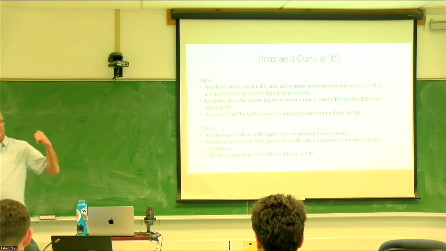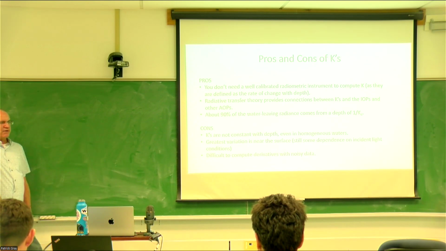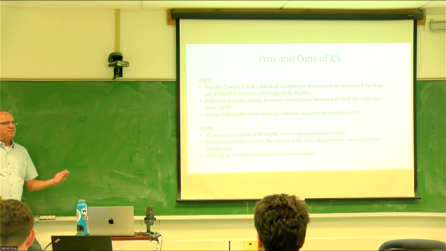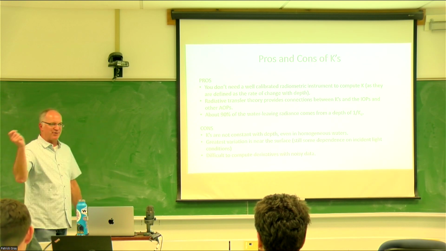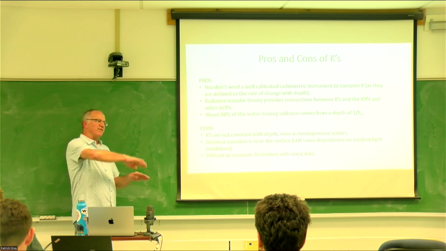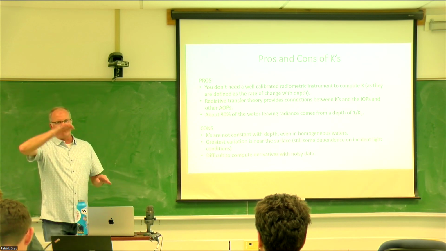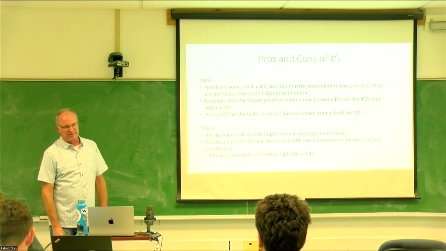Again, if you go back to that very noisy spectrum that I showed, it's really hard to pick which 2 points you want to calculate because it's going back and forth, back and forth. You have to do a fitting function to those variations to extrapolate it back to the surface.